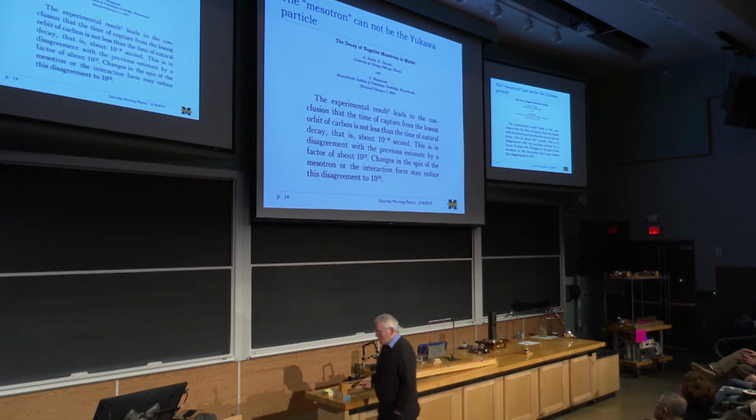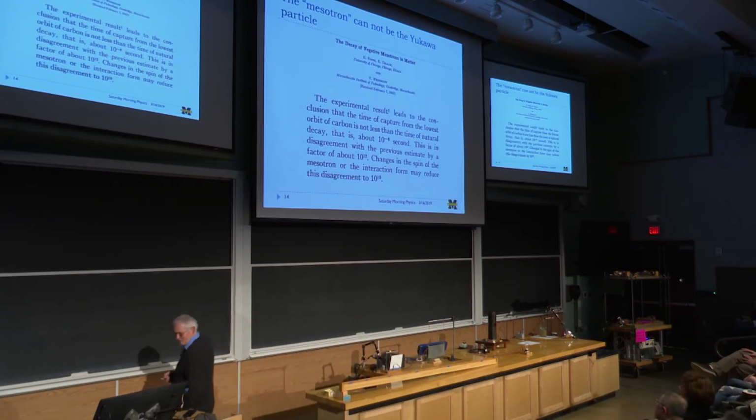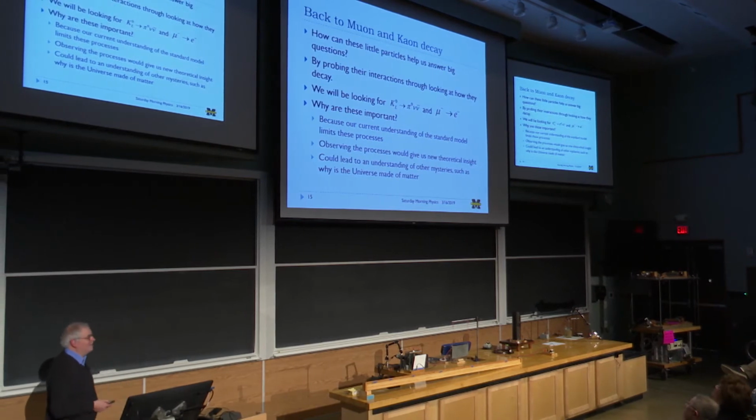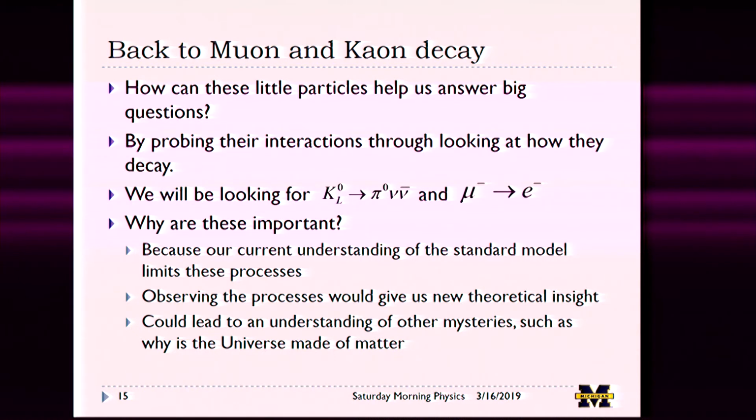So back to where I started on this, what can these little particles tell us about nature? A lot. You have to combine experimental measurements with a theoretical understanding, and the experimental measurements are what guide the theoretical understanding. We're going to be looking at two of these little particles, kaons and muons.